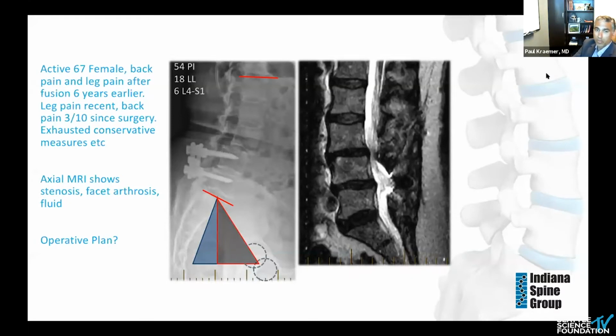So the question I have is, if she didn't move on flexion-extension, but you saw this X-ray, would you consider saying it's not unstable and decompress alone? That's a lot of slip. That's more slip than I would be comfortable saying just do a decompression.